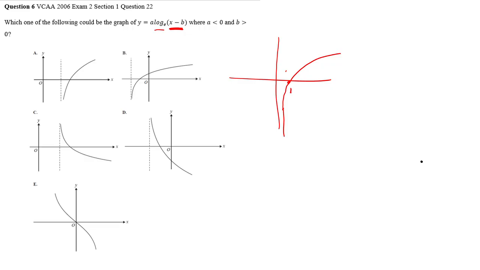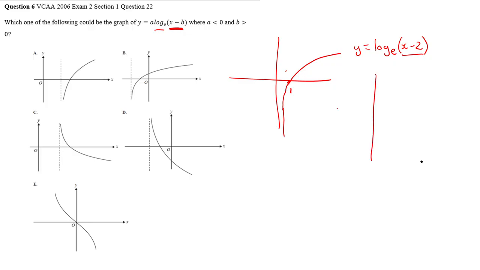Because it says b must be greater than 0, if I put in, say, 2, and go y is equal to log base e of x minus 2, so b is positive, then that means there is a horizontal shift over 2 spots.